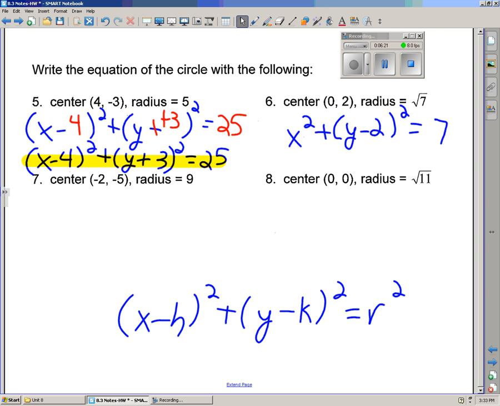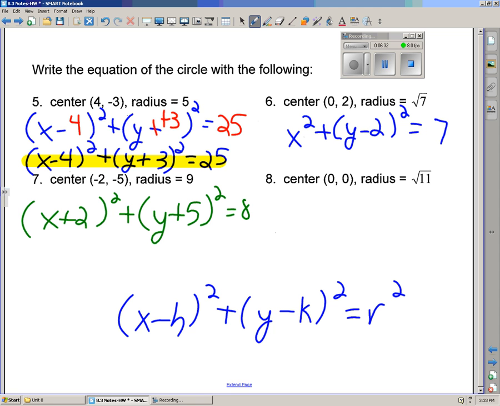When you get down to 7, it's going to be not x minus, but x plus 2 squared plus y plus 5 squared equals 81. This last one, the 0, 0, just means x squared plus y squared. When you square the radius, you just get 11.